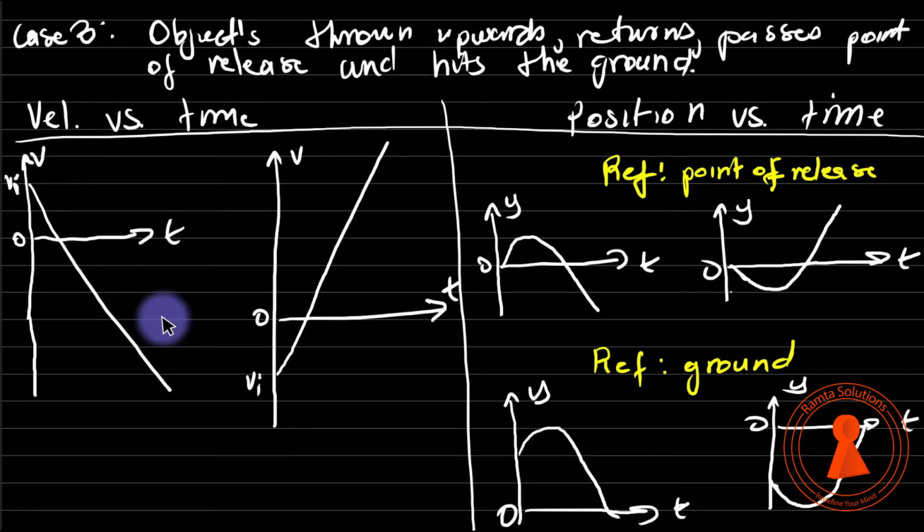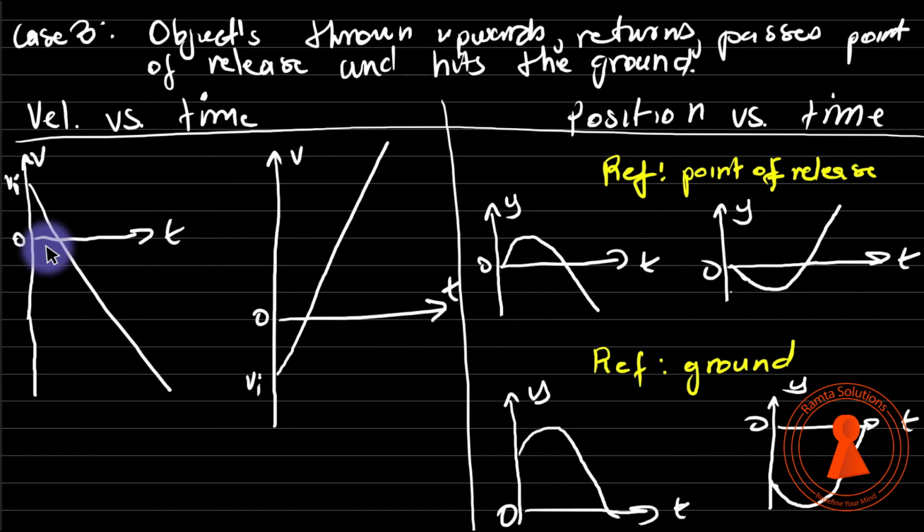Again, from your graph, you can get the values that you need to substitute into your equations of motion, whichever graph you can think of, whether it's a position versus time or it's a velocity versus time. All the information you need is derived from the graph. You can substitute it into your equation of motion and get your answer.